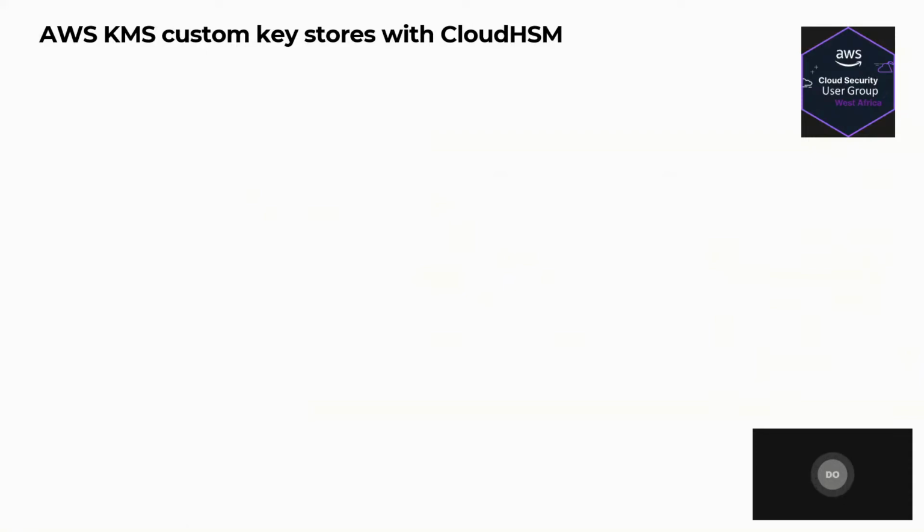There's another option that's possible with Cloud HSM, which is called custom key stores. Custom key stores allow us to integrate KMS with Cloud HSM. The whole idea behind that is I want the flexibility and the convenience of KMS.